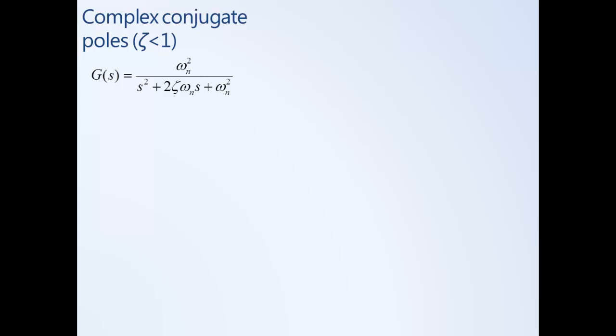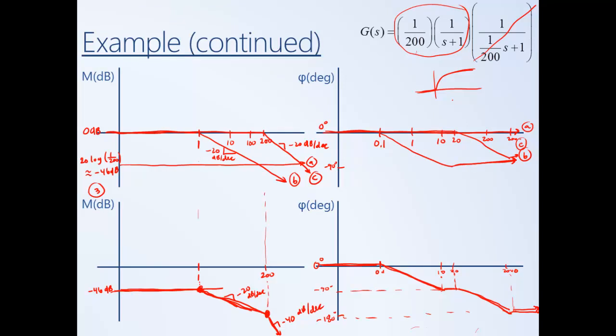The behavior of this system is going to be somewhat similar to the previous example where we had a second order system, where the magnitude starts off flat, and then at high frequencies it goes to minus 40 dBs, where we get minus 20 dBs for each pole. Same thing for the phase. At low frequencies we'll be at 0 degrees, and then at high frequencies we'll be at minus 180 degrees, where we get minus 90 degrees of phase lag for each of the two poles.